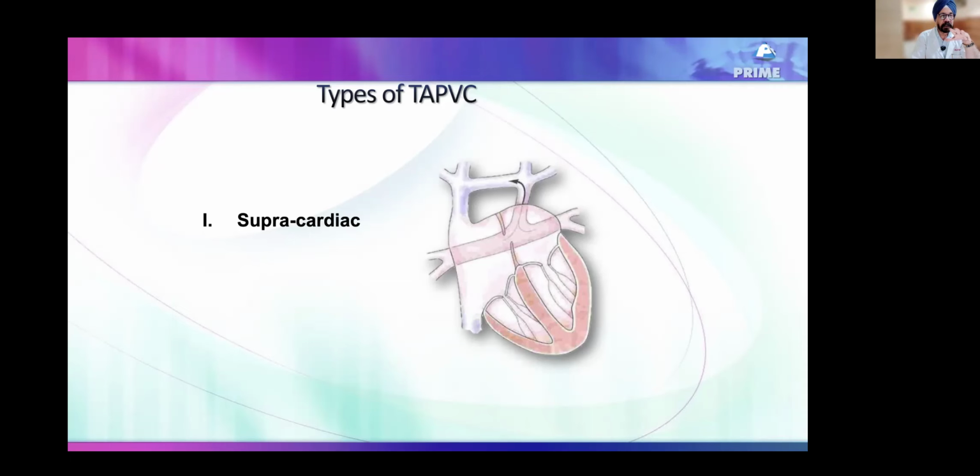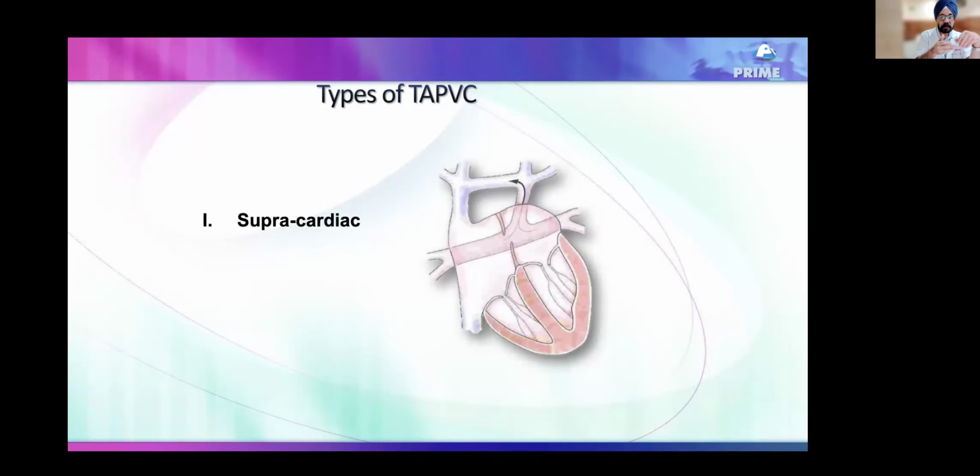So now if you have that which is not absorbed, the pulmonary veins do not drain into the left atrium, and that chamber decides to drain somewhere else. That is what becomes a total anomalous pulmonary venous connection: the posterior chamber was unable to form a connection with the left atrium. All pulmonary veins drain there.